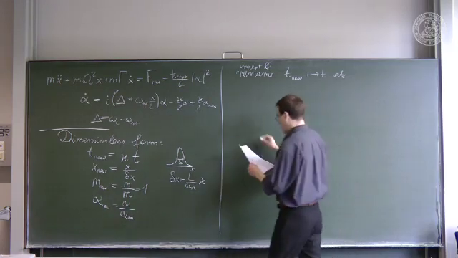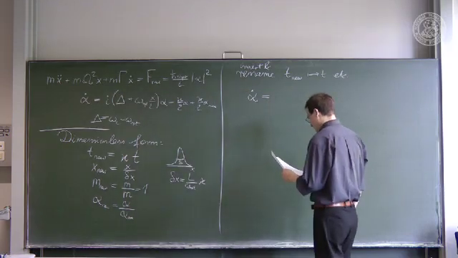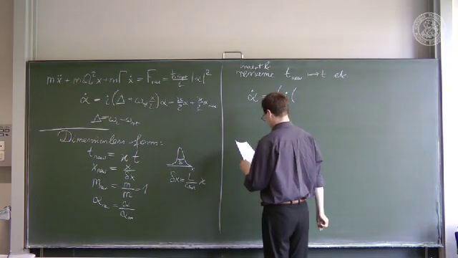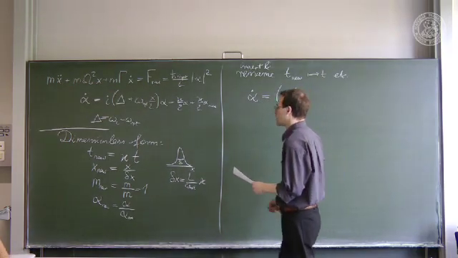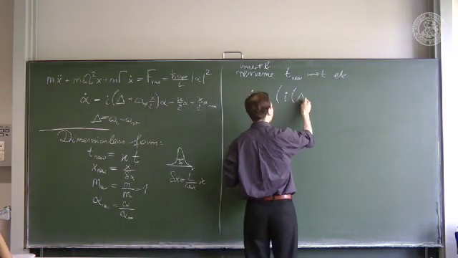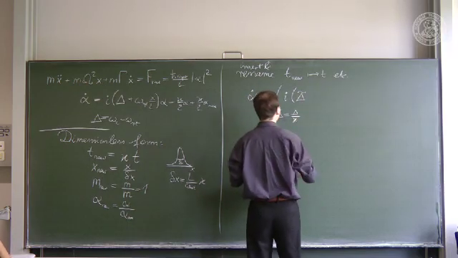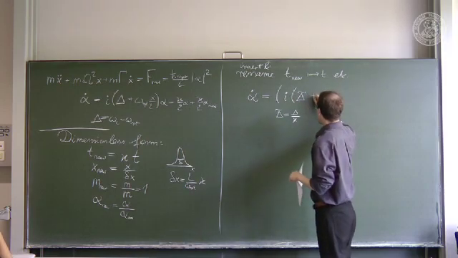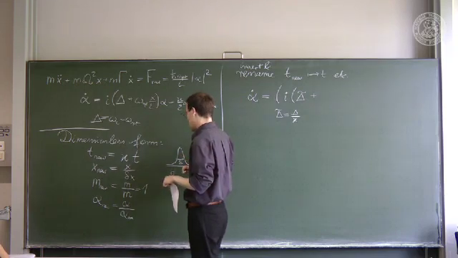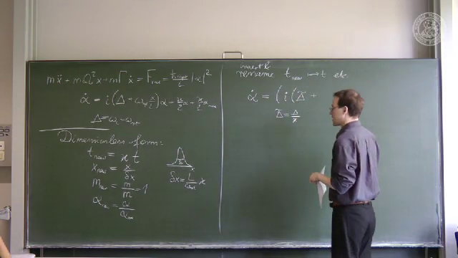So what does it look like? First, the dimensionless equation for the light field. The time derivative of the new alpha will be i times, well, there was a detuning delta, which turns into a new dimensionless detuning delta, which is simply the old detuning divided by kappa. And then there is this combination, but it simply turns into the new dimensionless x.